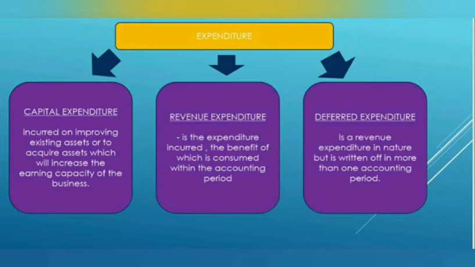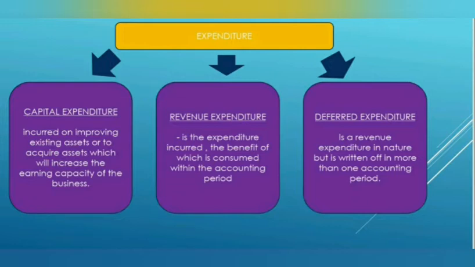Any expenditure relating to these items is termed as your capital expenditure. So it may be incurred to acquire either your tangible asset or your intangible assets. Examples could be your purchase of furniture, your purchase of computers to carry on business. So these are all your capital expenditure. Capital expenditure is shown on the asset side of the balance sheet.